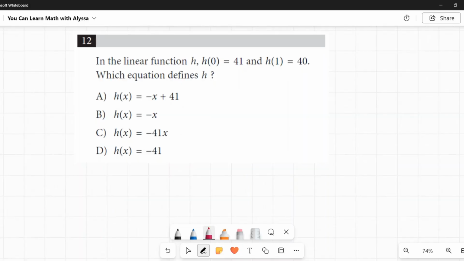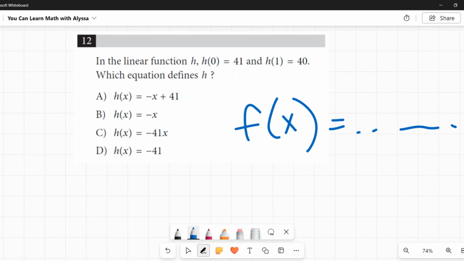Number 12. In the linear function h, h of 0 equals 41 and h of 1 equals 40. Which equation defines h? So these are functions, and when you have a function, most commonly you see f of x equals blah, blah, blah. What it means is there's usually going to be x's, though it doesn't have to be, it could just be a number.